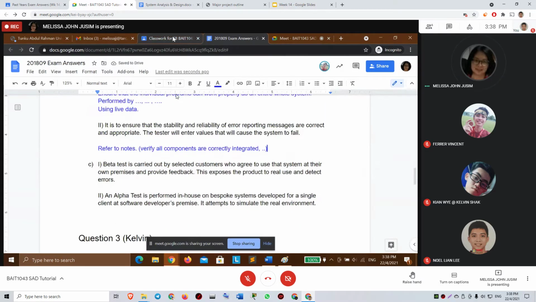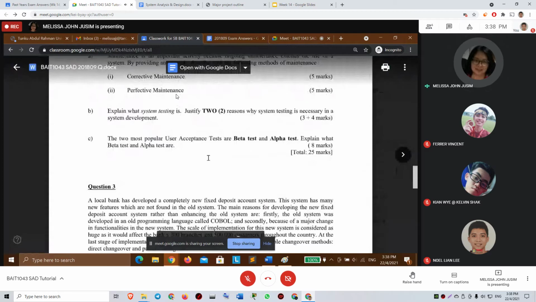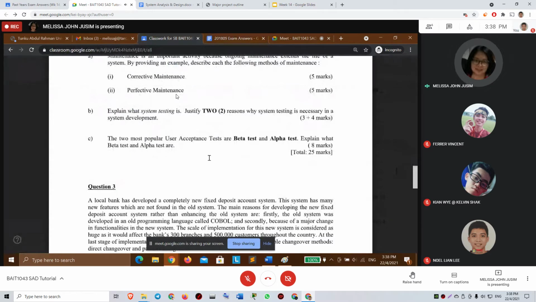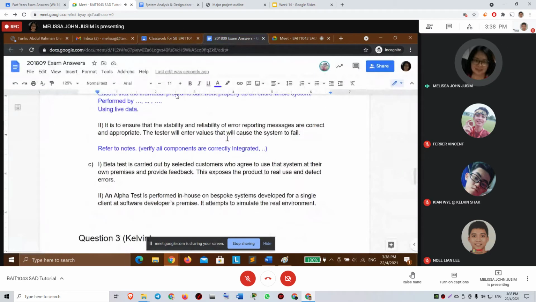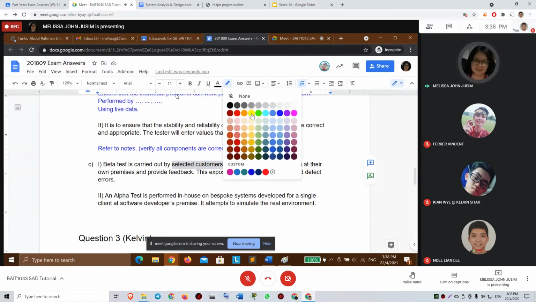Okay, next question is the two most popular UATs, beta and alpha. So explain, 4 marks each. Oh, Farrell, kalau exam 4 marks each ni tidak cukup ini. So beta testing is carried out by selected customers. Okay, correct.